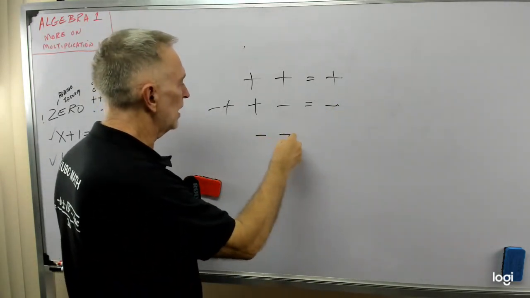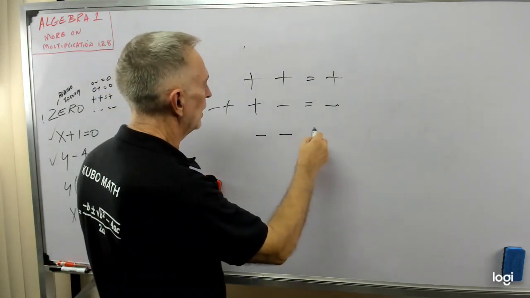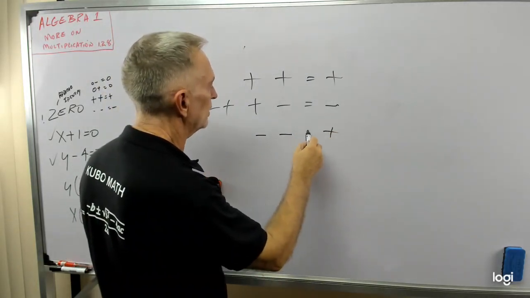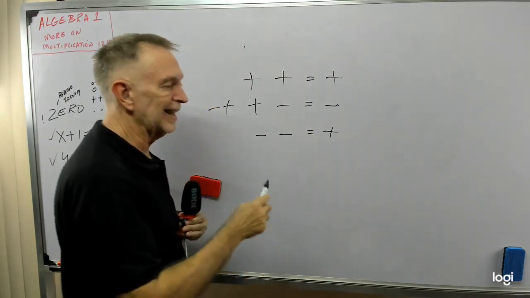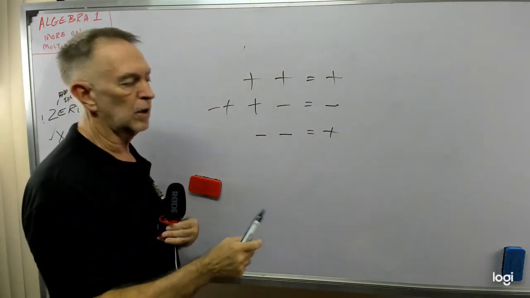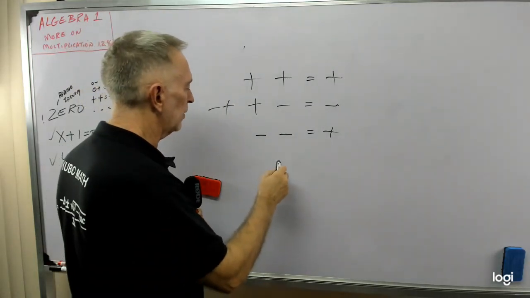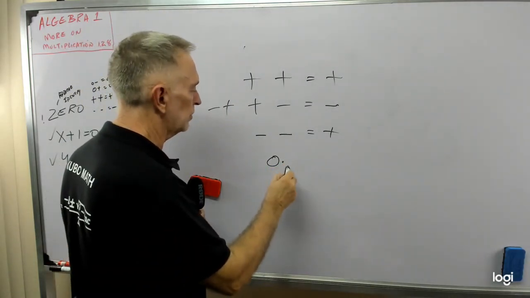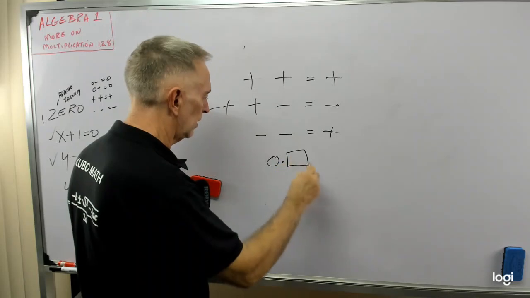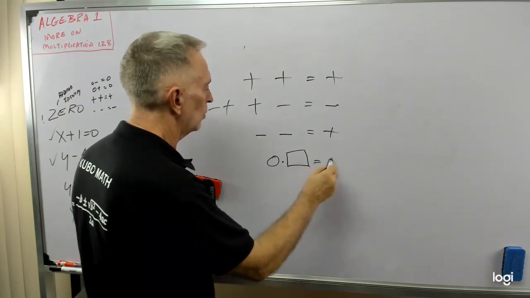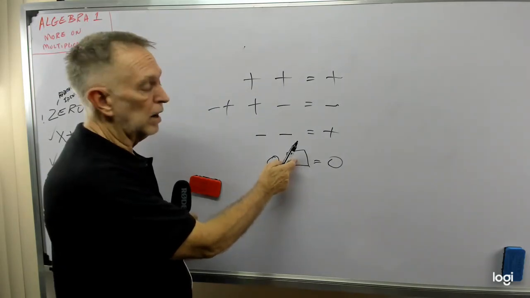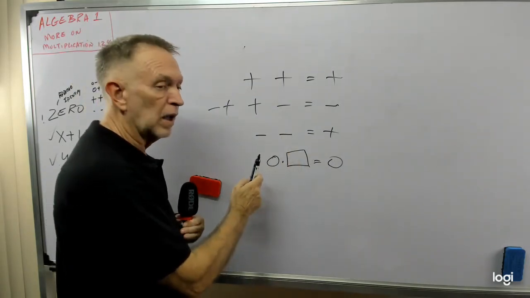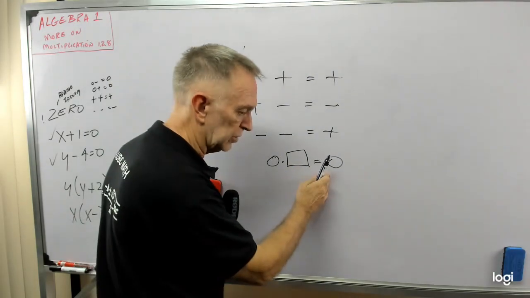A negative times a negative gives me a positive, so that's greater than 0 also. But I can only get 0 if I multiply the number by 0. 0 times something will give me 0. It doesn't matter what number you put in that box. If you multiply it by 0, it equals 0.